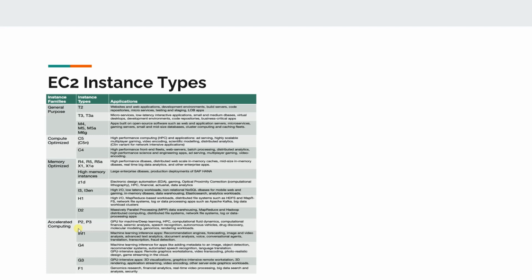These are when you start talking about deep learning, machine learning, all those kinds of applications. Those are the kinds of instances we're going to use to run them. So you can see that for any kind of business scenario, we have different types of EC2 instance in AWS that can run them.